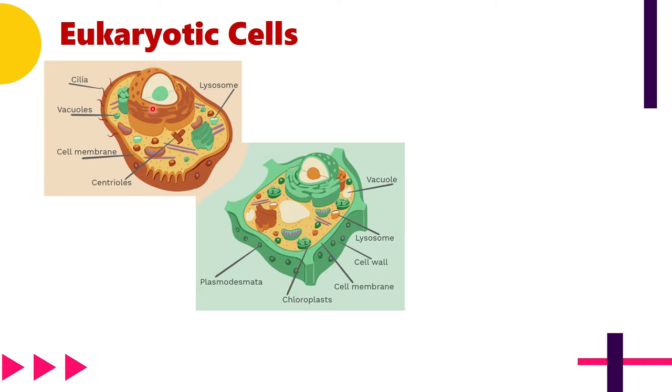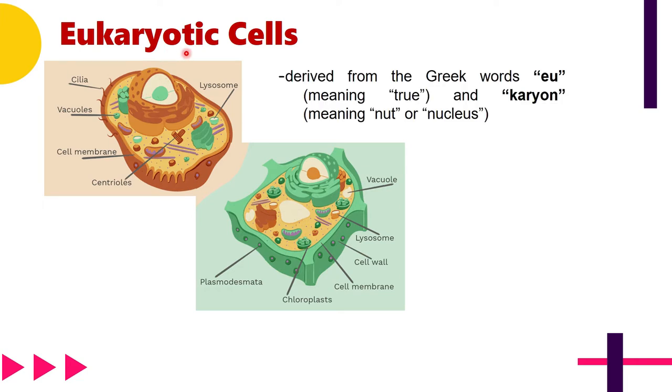So we have the animal cell and the plant cell. So na mo'y idea about eukaryotic cell. The term eukaryotic came from the Greek words eu meaning true and karyon meaning nucleus. So if you're going to combine these two words, eukaryotic cells have a true nucleus.